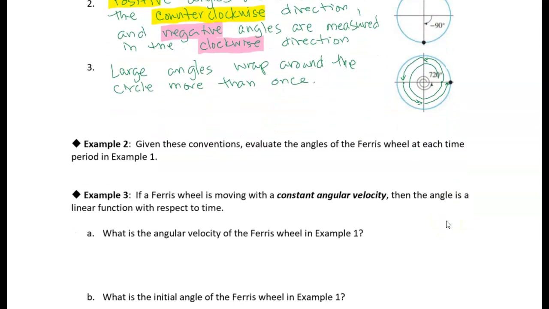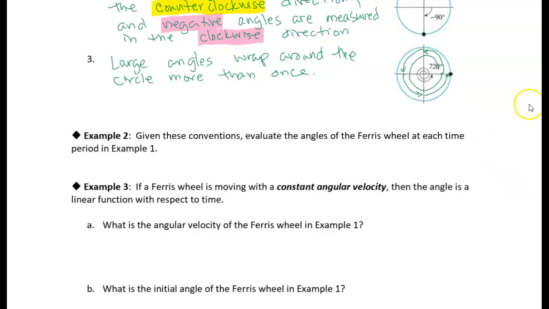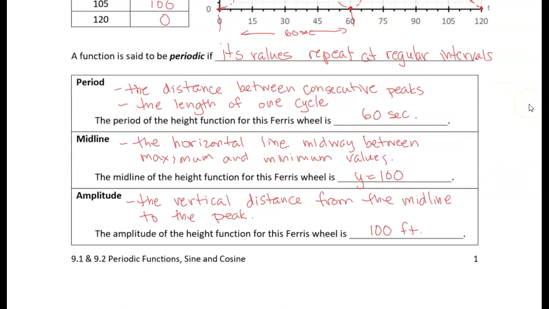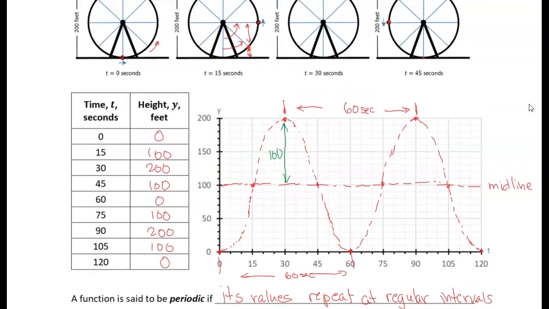This says, given these conventions, evaluate the angles of the Ferris wheel at each time period in example 1. So we need to go back to example 1 and take a look at what these angles are. In this case, our axis was time. But according to the convention, if I had the angle theta at that given time, I'm down here at the bottom.